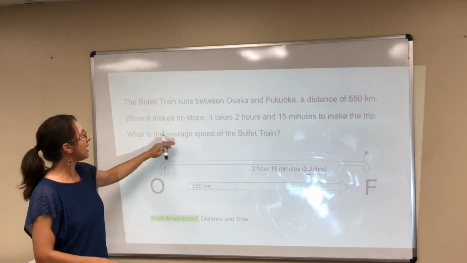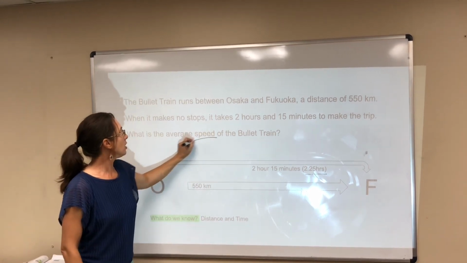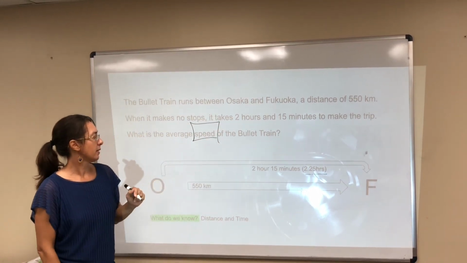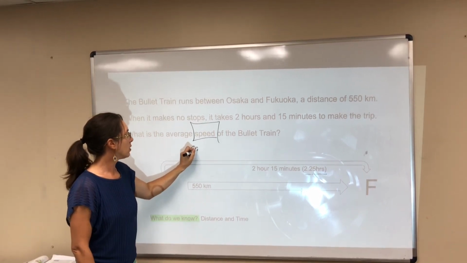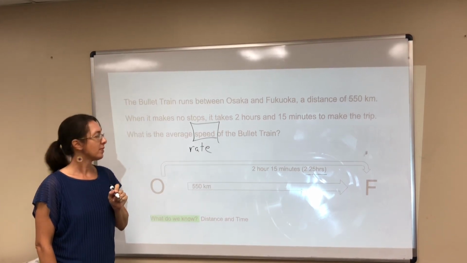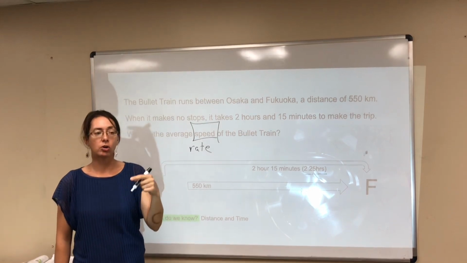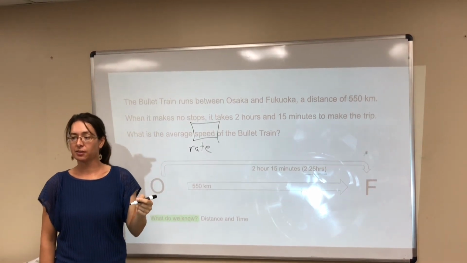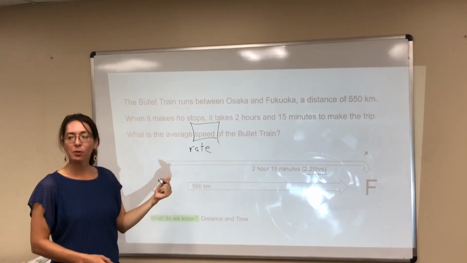It says, what is the average speed of the bullet train? So we are looking for speed. Well, speed is another name for rate. And if we think of speed, when you drive your car, you go 60 what? Miles per hour. Did we just see that word?